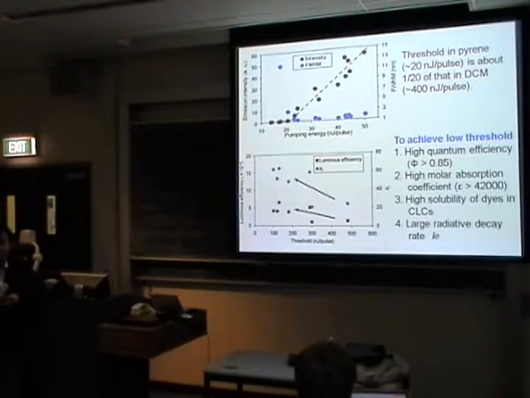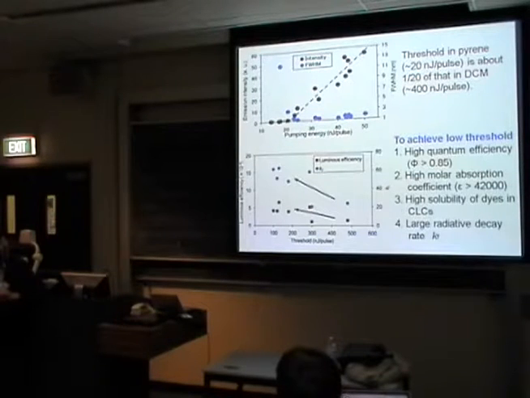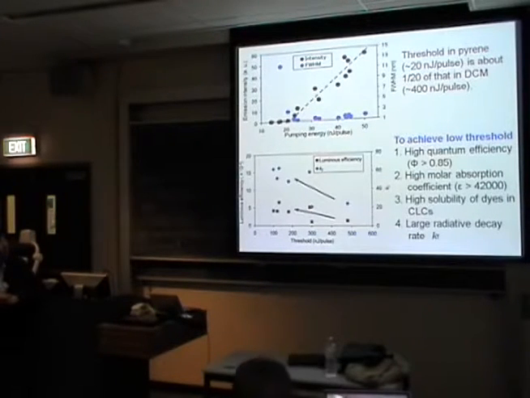So we are still continuing on developing new kinds of dyes to achieve lower threshold. So far, we found another derivative of pyrene that gives a very small threshold compared to DCM.